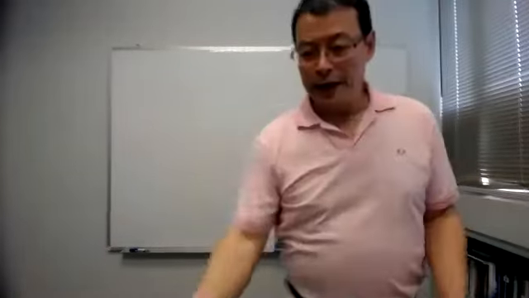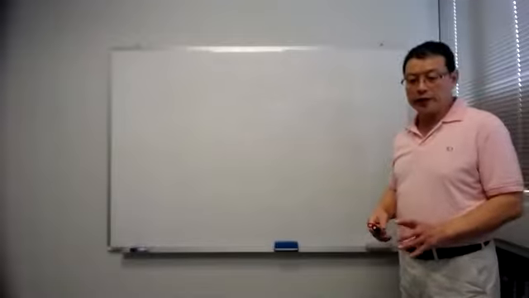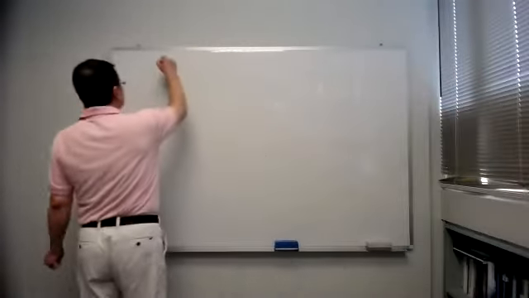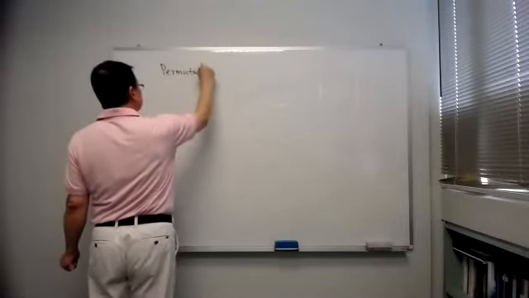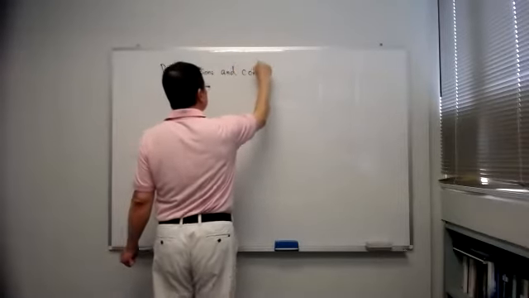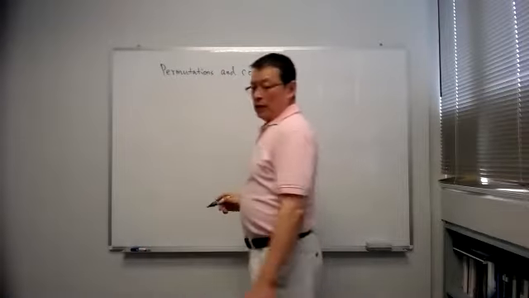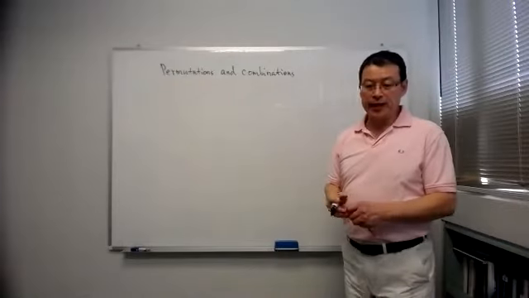I think you learned combinations and permutations in high school, but anyway, we'll go over them quickly. Permutations and combinations. What we have is n distinct objects.